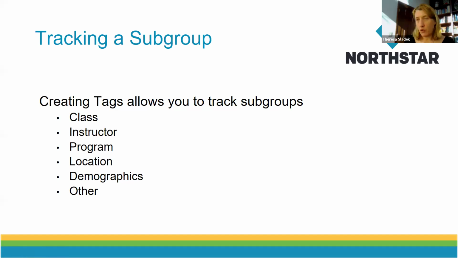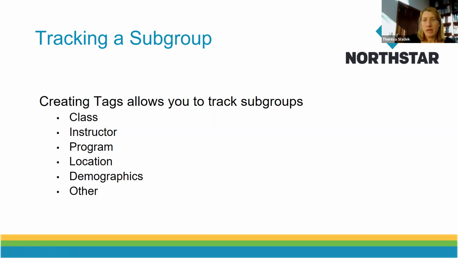Northstar doesn't make the tags for you, so they're hopefully useful to you because you're making them. The only thing we don't let you do is make tags around personally identifiable information like social security number, driver's license number, birthday. Otherwise, you can create whatever tags you want.